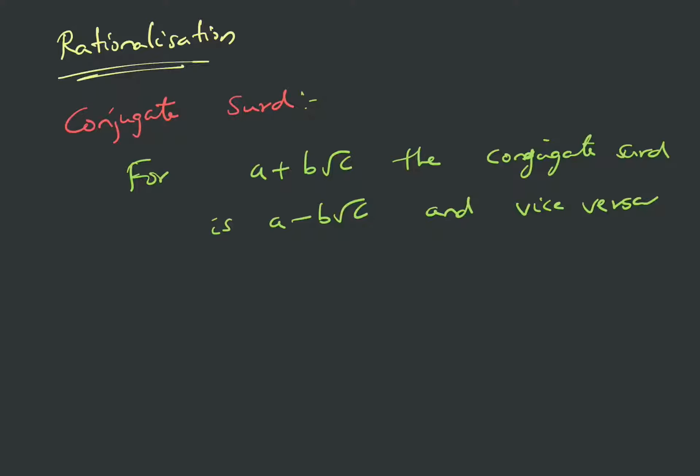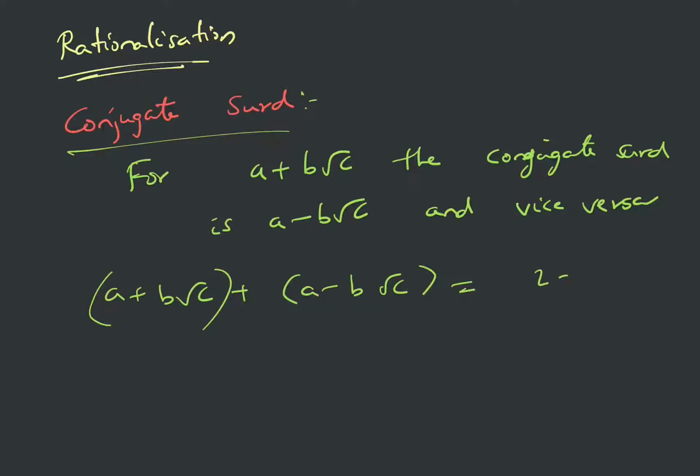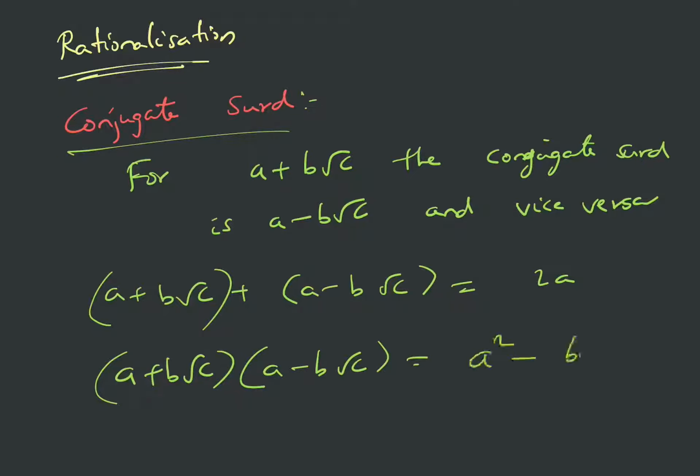So why are these said to be conjugate? Because if you add a plus b root c and a minus b root c, you will get a rational number, that is 2a. Similarly, if you multiply these two, a plus b root c and a minus b root c, this is a square minus b root c whole square, so this is a square minus b square into c.